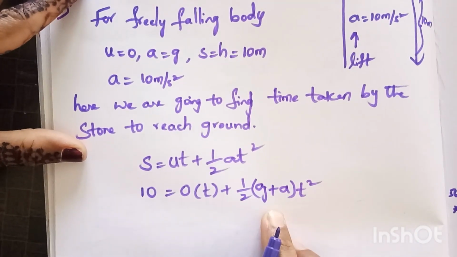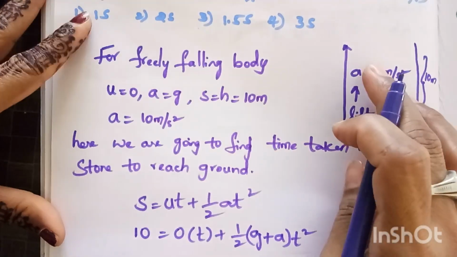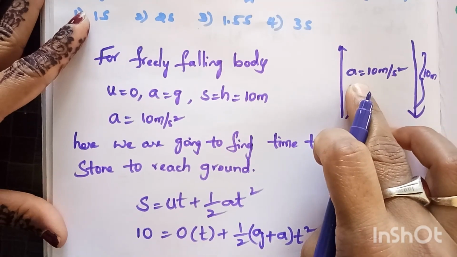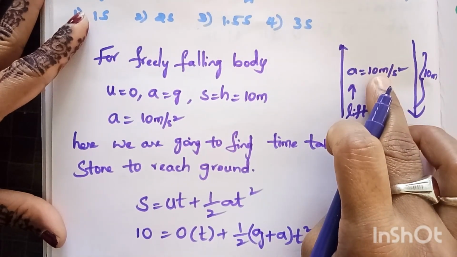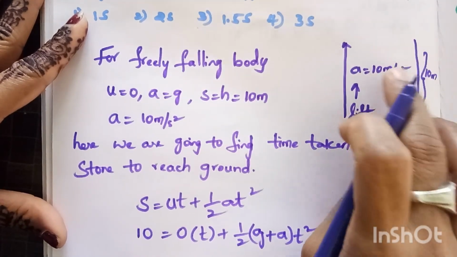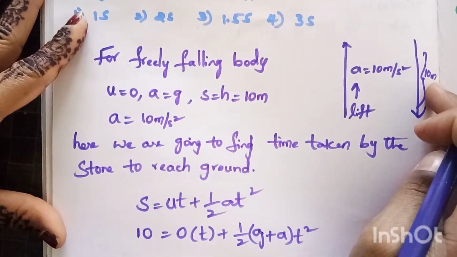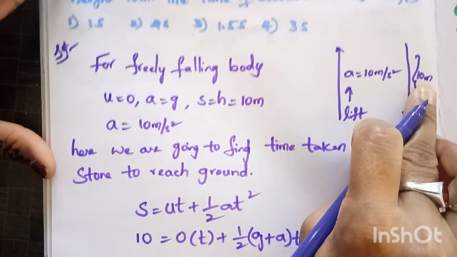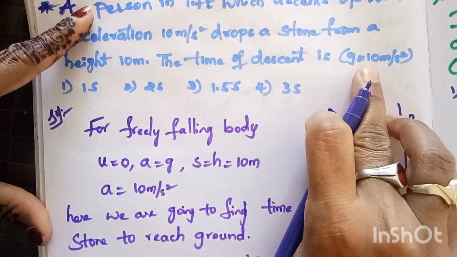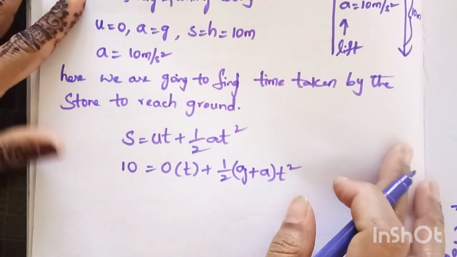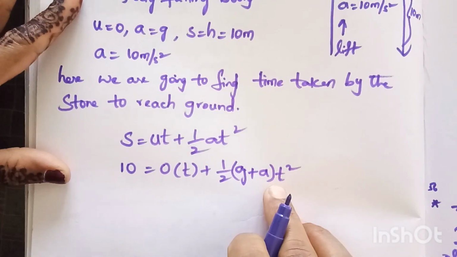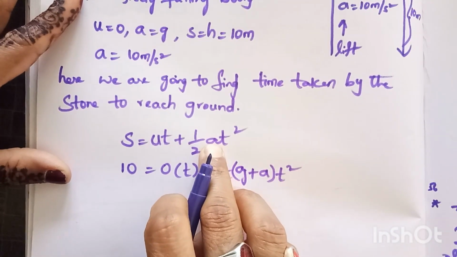Why am I taking g plus a here? Because the person's body has an acceleration of 10 meter per second square, and with that acceleration the person is throwing a stone from a height of 10 meters, with the acceleration due to gravity of 10 meter per second square given.